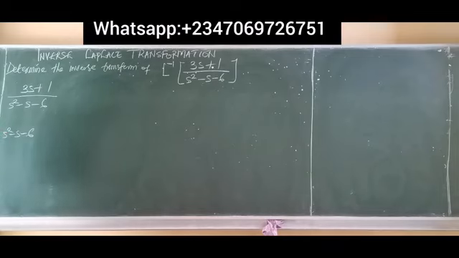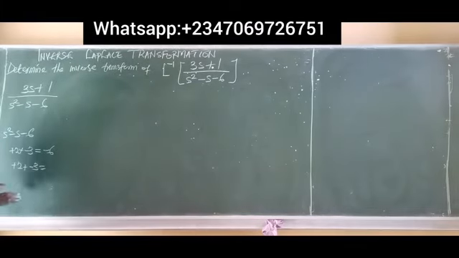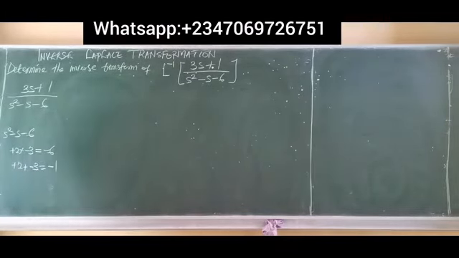Now, what are these two numbers? Notice that if I multiply +2 by −3, this gives me −6, which is a constant. And if I add +2 plus −3, this gives me −1. So the two numbers are +2 and −3.